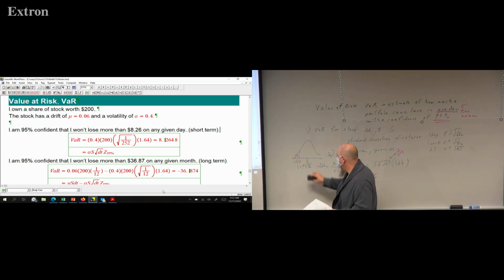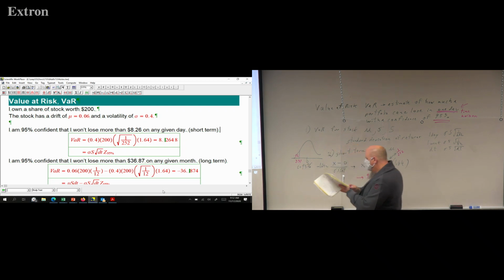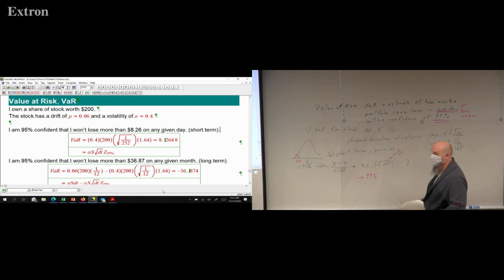And so this value should get bigger, 2.3. Do I have that down here? I'd have to look it up on a chart. I don't want to do that, do I? I should have looked that up. 2.31. So the only thing that changes is that value. It gets bigger.